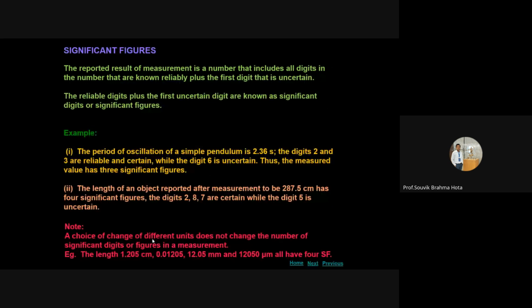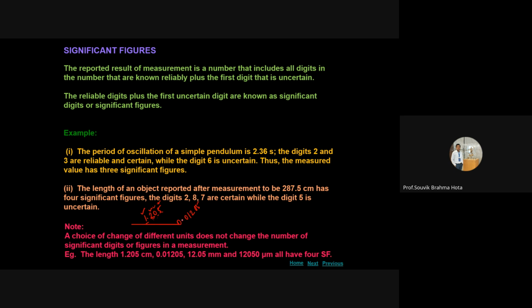How? If you consider the first case, 1.205, here you have this is certain and these are uncertain, still all of them are significant. See, the zero between 2 and 5, because this 2 is significant, 5 is significant, so that is why 0 is also significant. Now the next one, 0.01205.